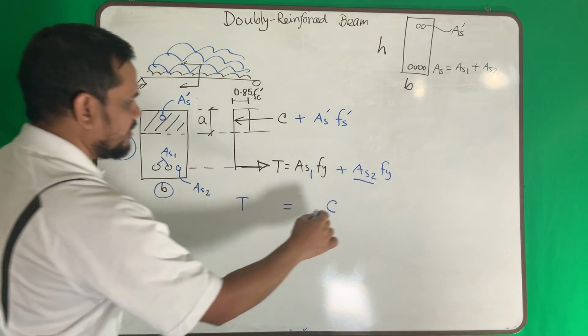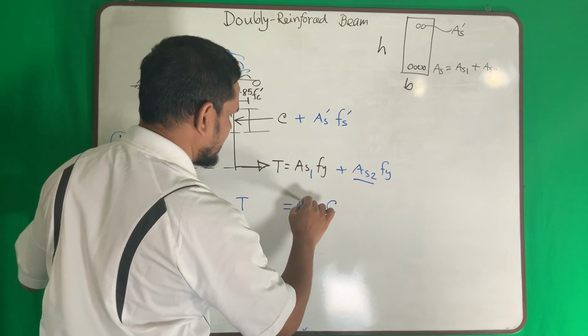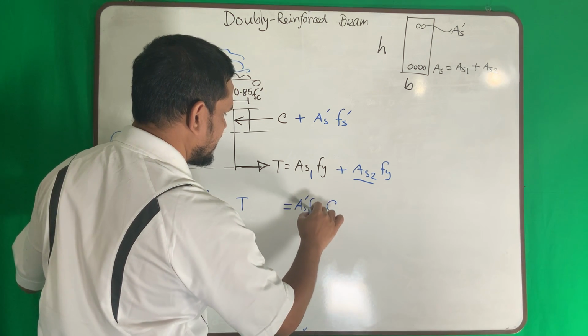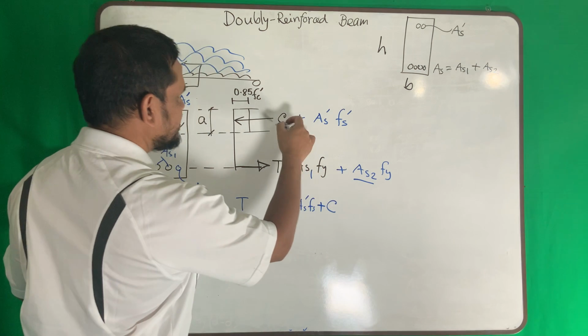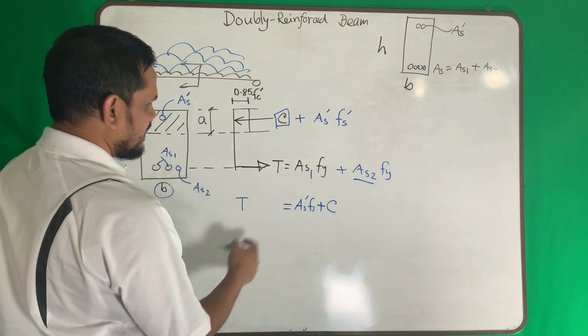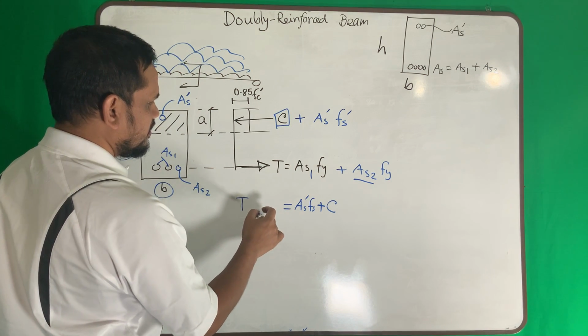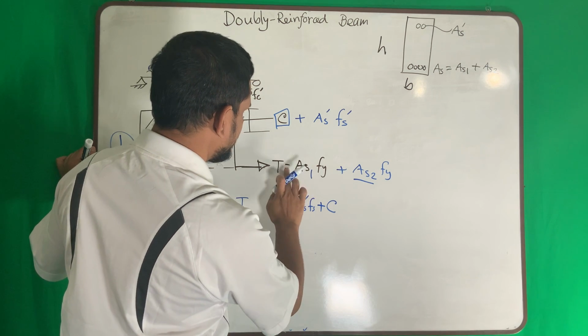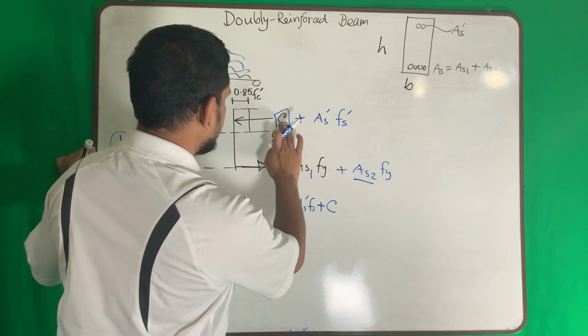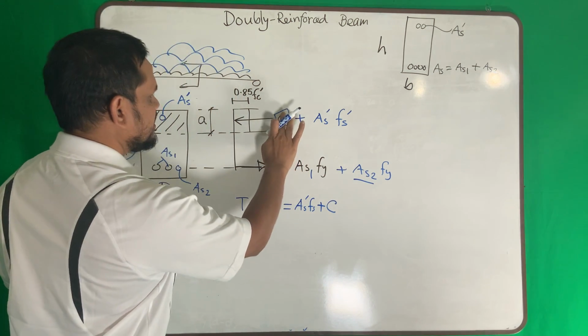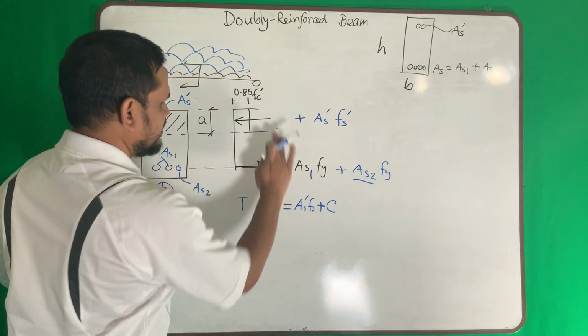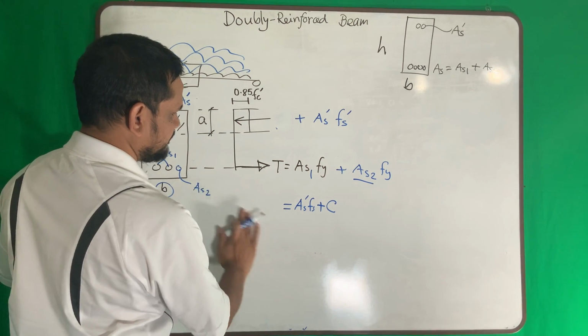So what I am doing now, I am adding AS prime times FS to my original C. So my total T is this, total C is this. I should not write it this way actually.